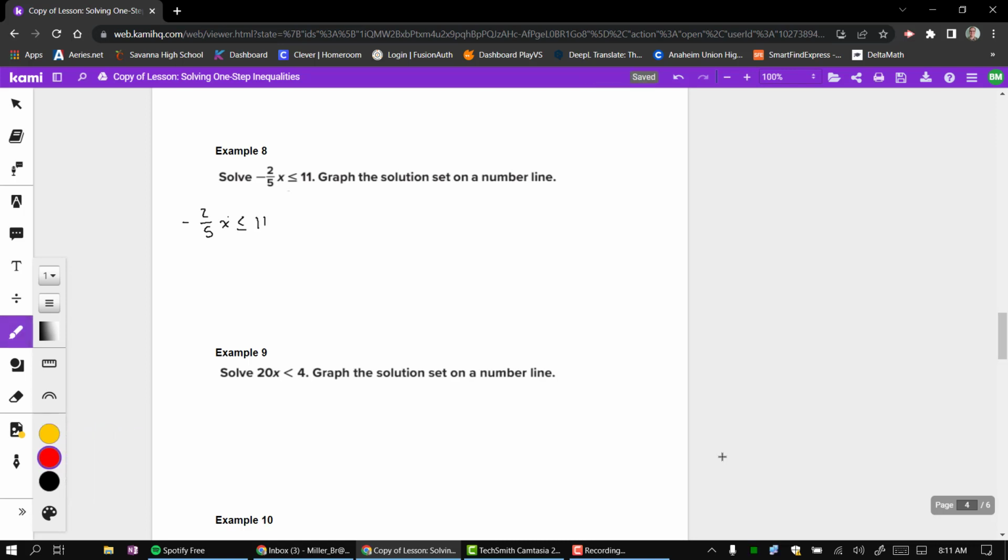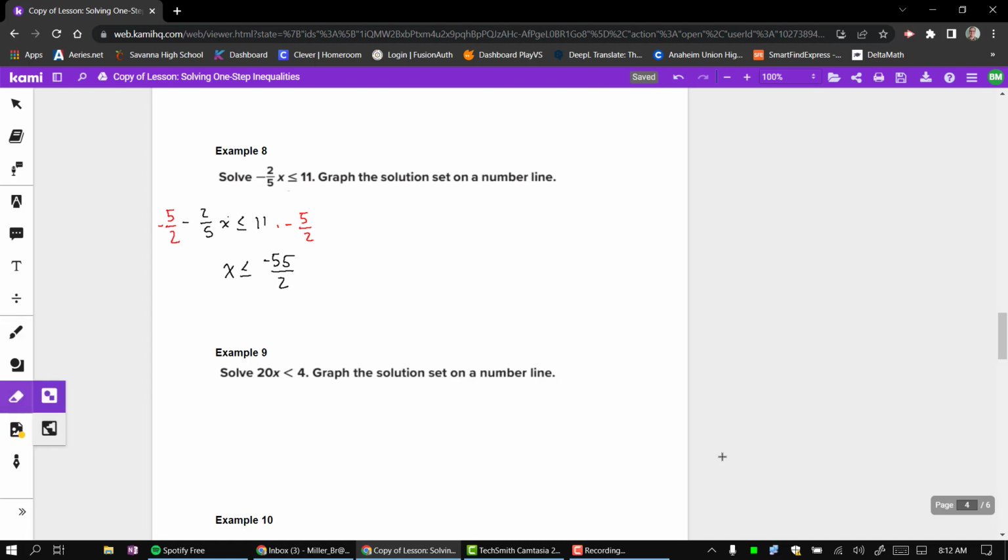The reciprocal is negative 5 over 2. Why is that the reciprocal? Because 5 times 2 is 10, and 2 times 5 is 10, so we get 10 divided by 10, which is just 1. 11 times negative 5 is negative 55 over 2.